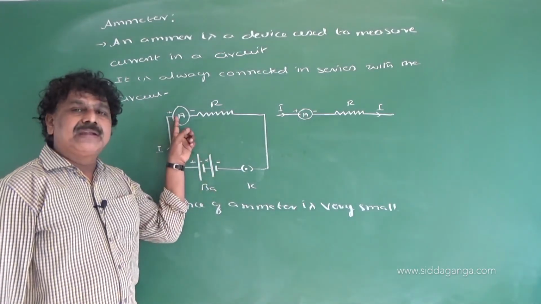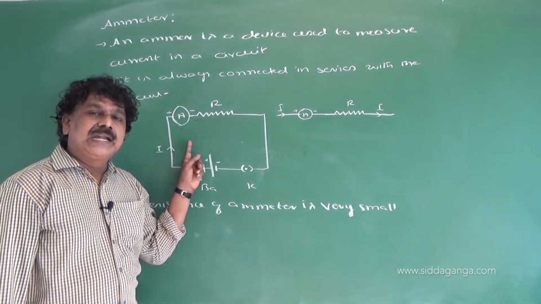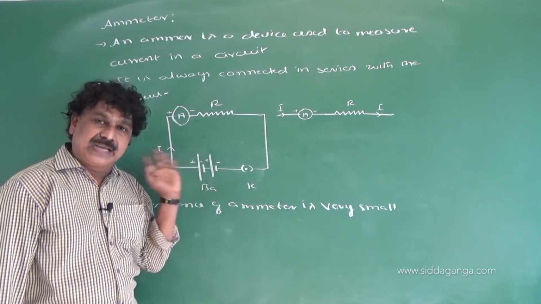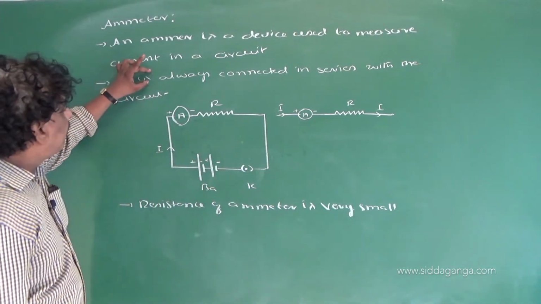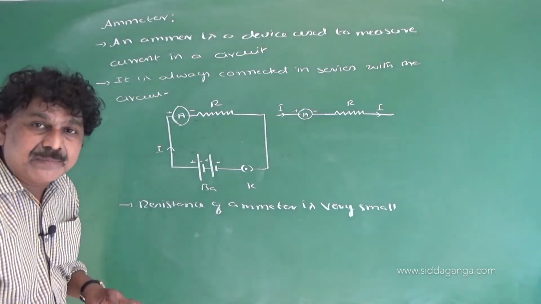Therefore, an ammeter has very small resistance, so that it will not reduce the value of current in the circuit. So these 3 points are important regarding ammeter, a current measuring device.